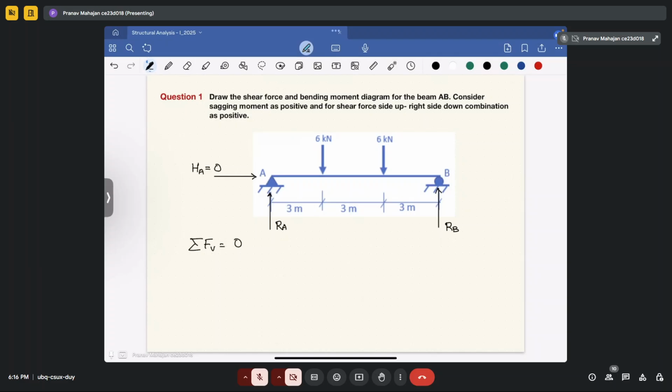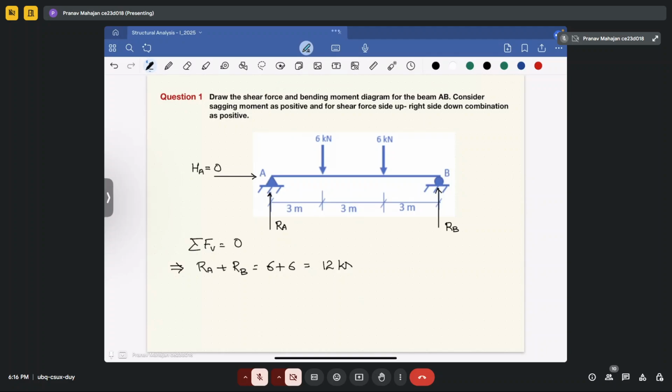So you only have the vertical forces. So if you utilize summation of vertical forces equal to 0, what you will get? RA plus RB equal to 6 plus 6 equal to 12 kilonewton.